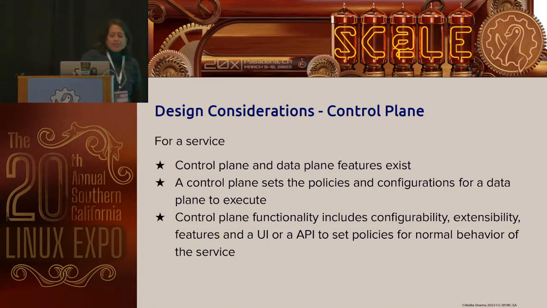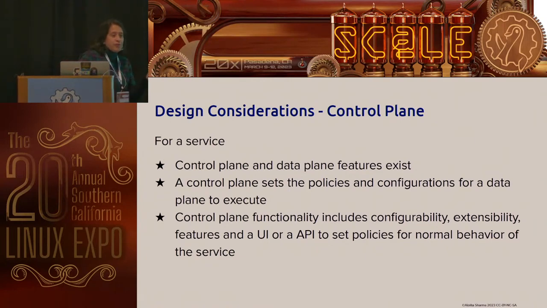So for a particular service, control plane and data plane is a way of looking at the control plane setting the policies and the data plane executing them, right? So you can have configurations and policies defined by the control plane, and then you have the execution components in the data plane. Control plane functionality also includes configurability.